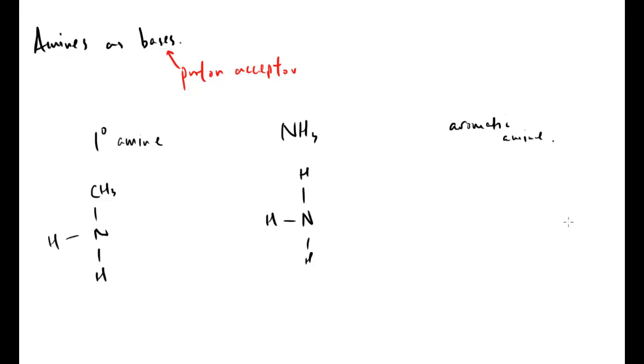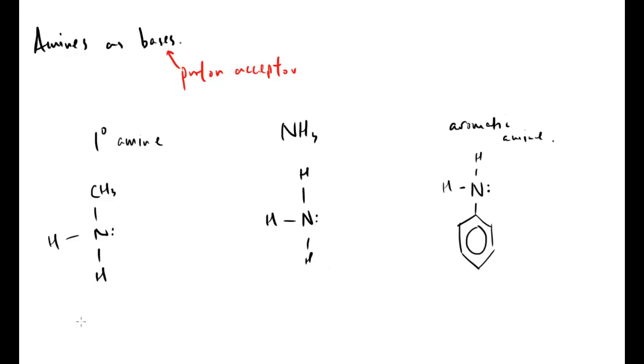And for the aromatic amine, we'll just have an ordinary phenylamine. Now there's one important thing we need to include on this, and that's the lone pair on each one of these. It's the lone pair which changes the ability of the amines to act as bases.